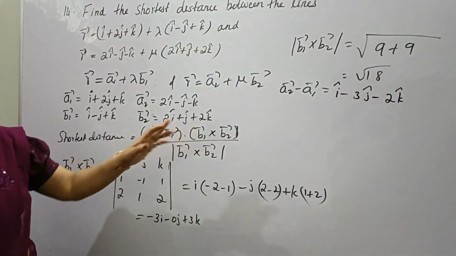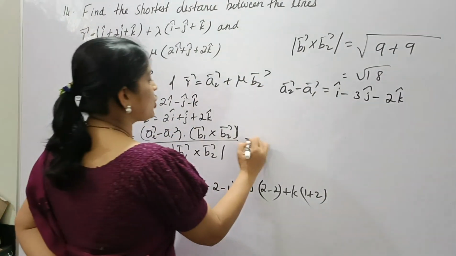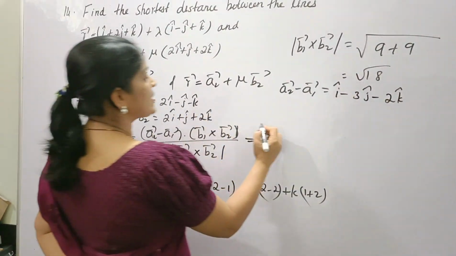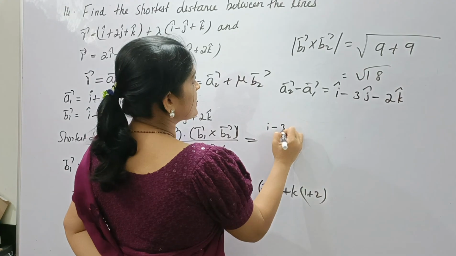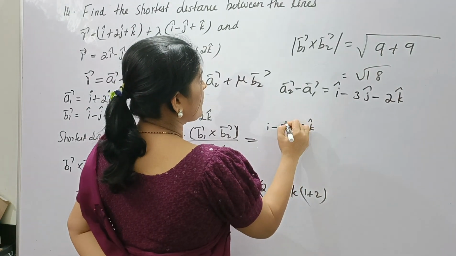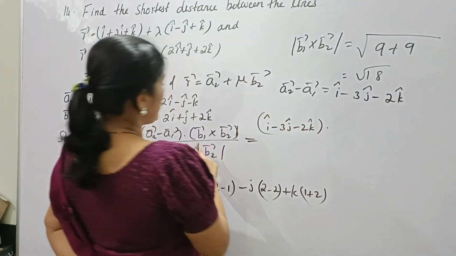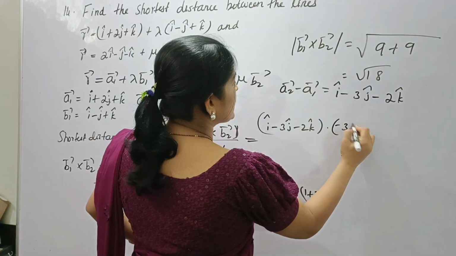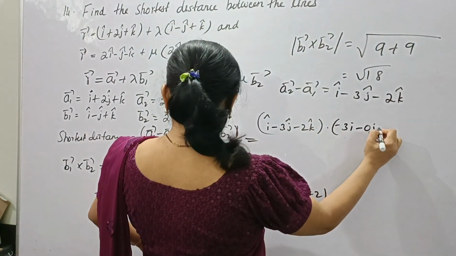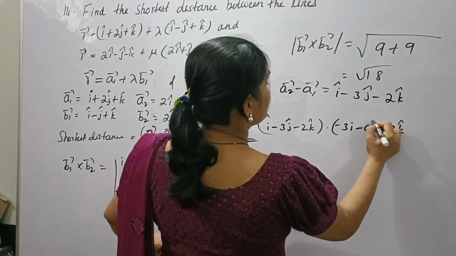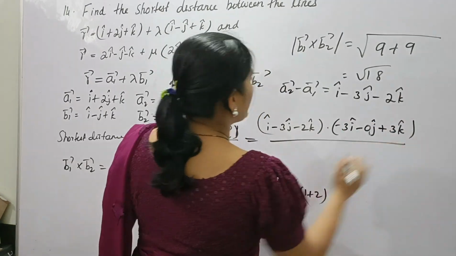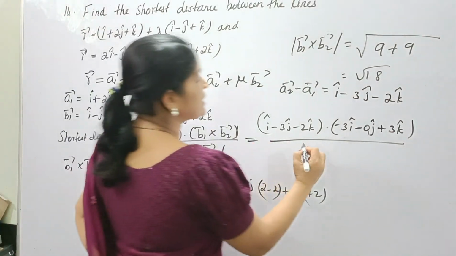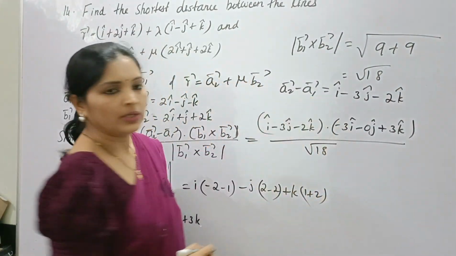Now let's substitute this in the equation, that is shortest distance is equal to vector A2 minus vector A1, that is i minus 3j minus 2k, dot vector B1 cross vector B2, that is minus 3i minus 0j plus 3k, divided by modulus of vector B1 cross vector B2 which is root 18.